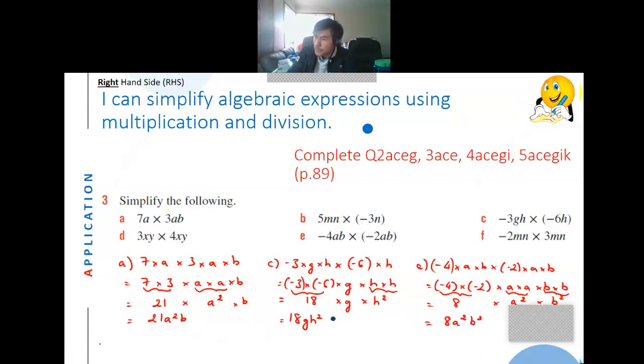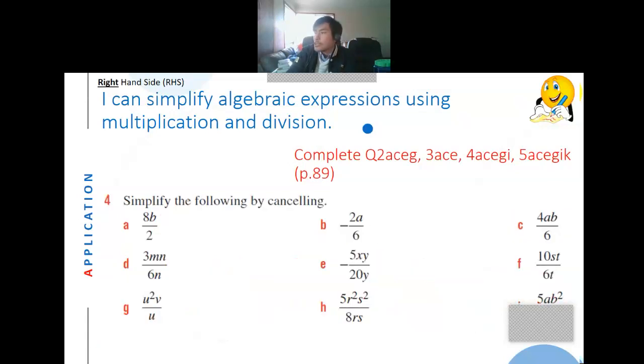Moving on to question 4 here. All right. So for this one, we are simplifying. Okay, simplifying by cancelling. So what we're going to do is we are going to rewrite these. So again, this is a times b over 2.